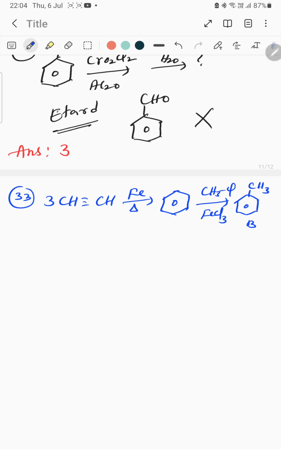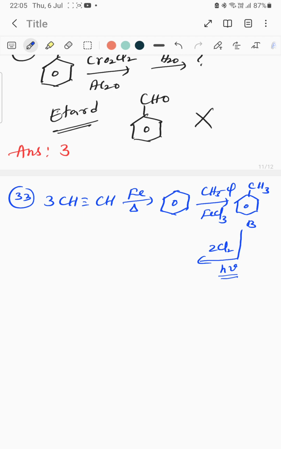The formed methyl benzene reacts with 2 chlorines in presence of hv. Here, observe the reagent carefully. We are doing the reaction in presence of sunlight. In presence of sunlight, side chain substitution takes place.